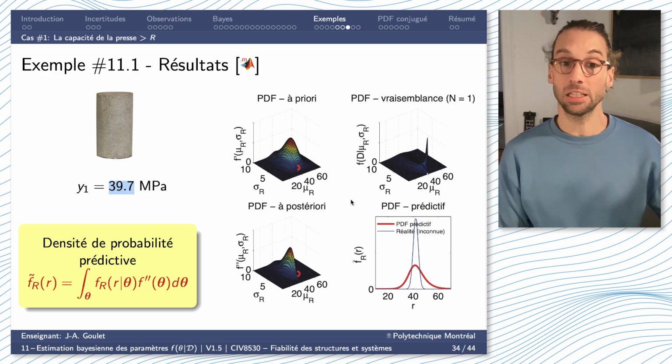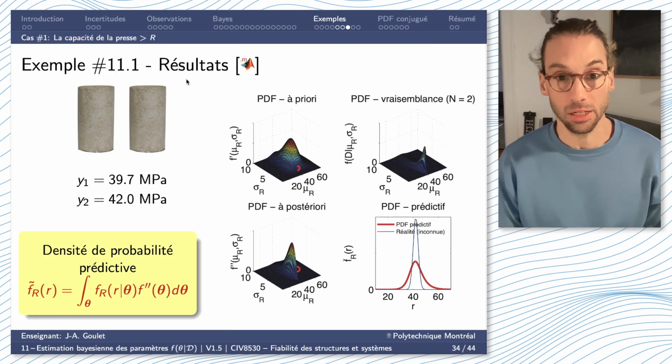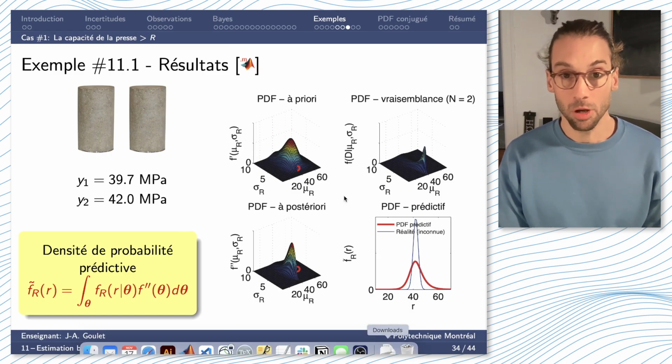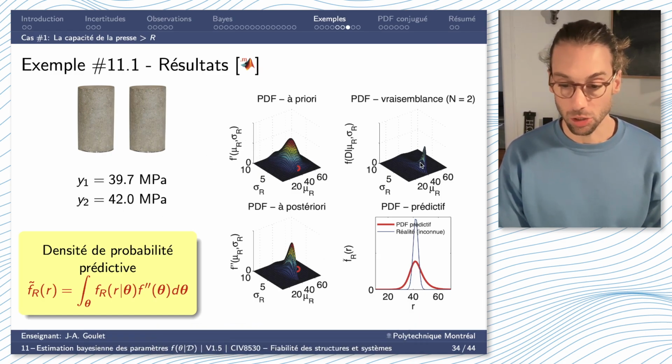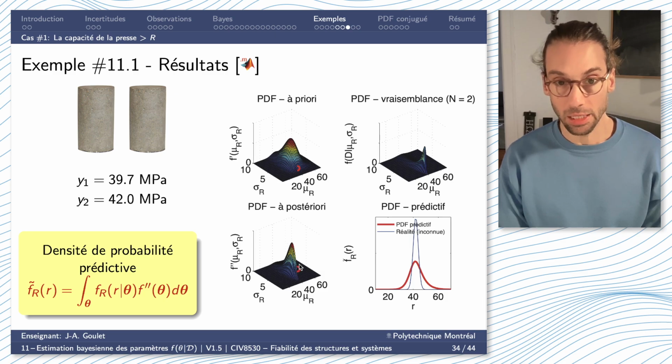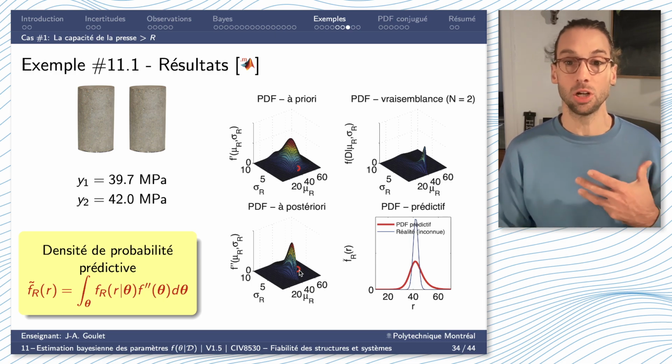If I collect an additional sample, my second realization is 42 megapascal. You can see the prior doesn't change, but my likelihood is going to change. It becomes slightly more peaked with two observations. My posterior doesn't yet correspond to the true value, but it's concentrating the information a little more.